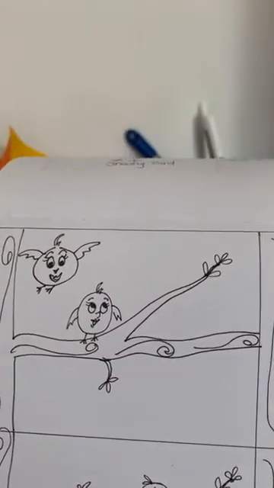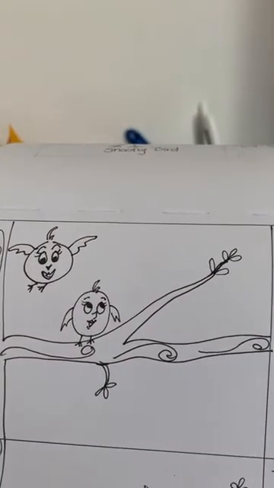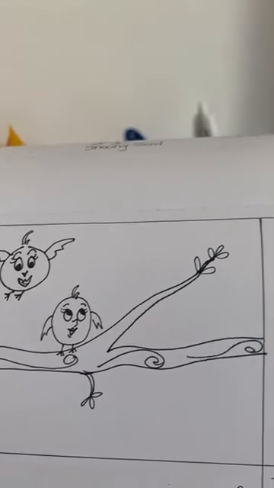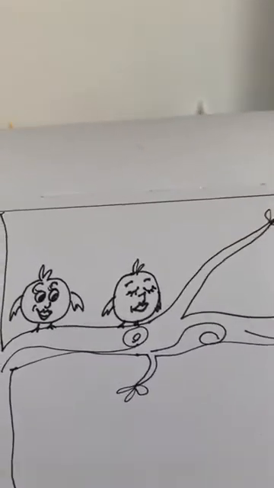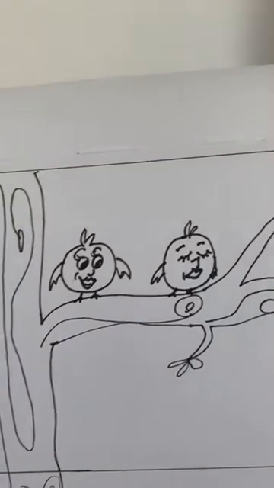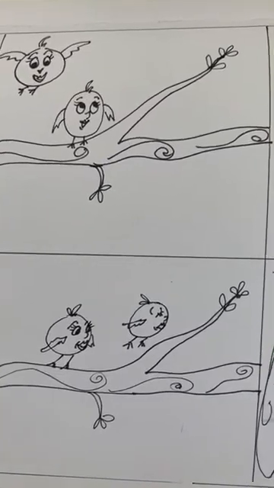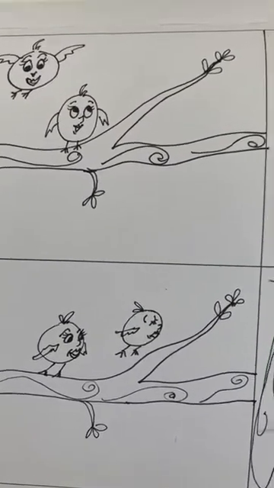So here is the first frame, the second frame. She doesn't look too happy that this bird came to fly by and sit next to her. The third frame, she decided, I think I need to move.